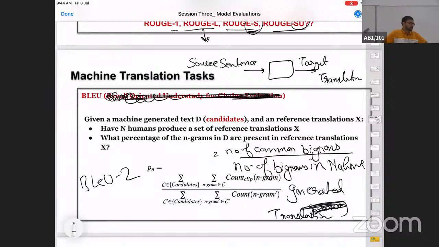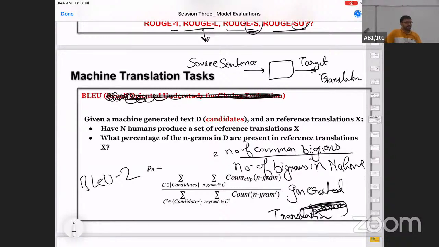It's just computing this proportion: the number of correct bigrams among all possible generated bigrams. That is the basic intuition behind precision. For the precision we did for text classification, what was that measuring?